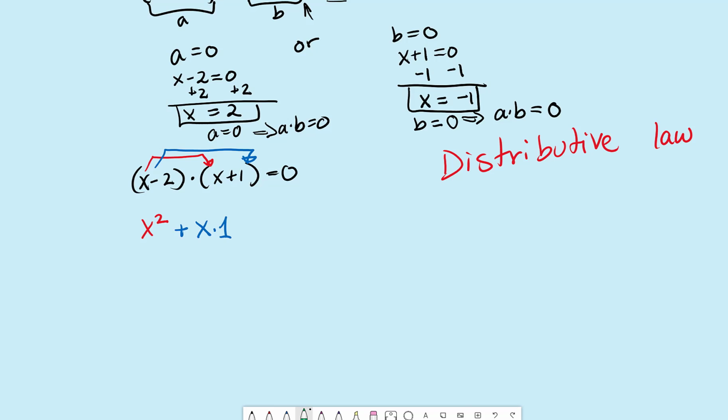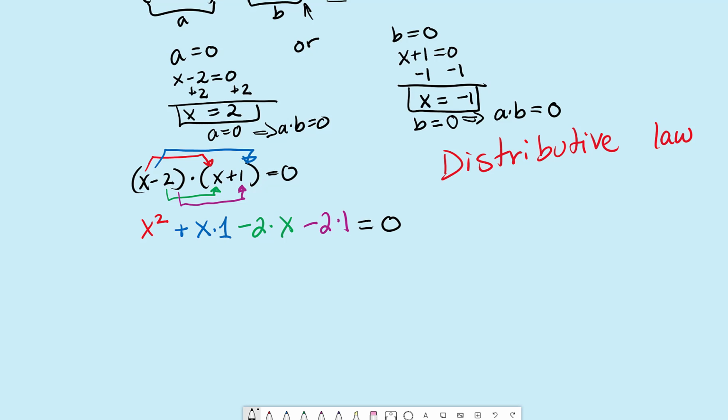Now we multiplied x by both terms. Now it's the 2's term. Note that our 2 has a negative sign. So it's minus 2 times x. That is our third term. And finally, our fourth term comes from multiplying the negative 2 by the 1. So we have again negative 2 times 1. And all that is equal to 0.